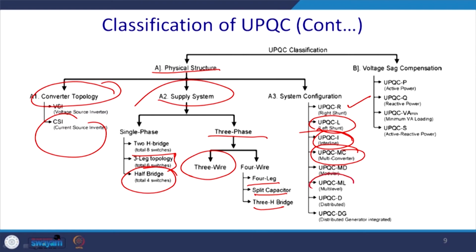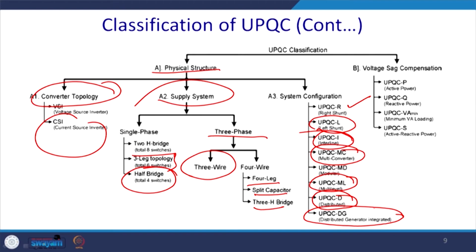Then you have multiple conversion, that is, distributed conversion, and you can have a distributed system. And mostly now, since the UPQC can be integrated with solar or other energy sources or a battery, we call it UPQC-DG.